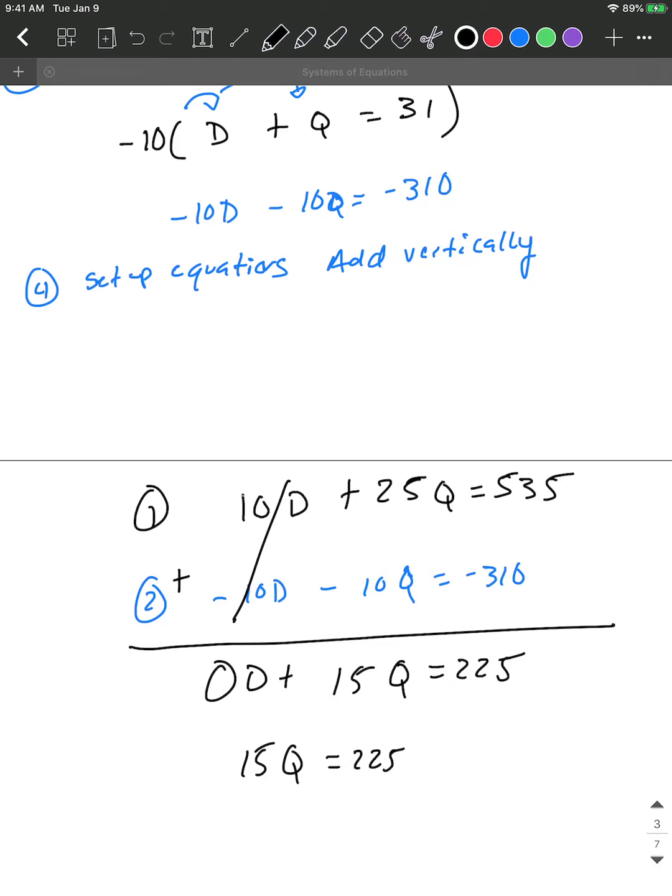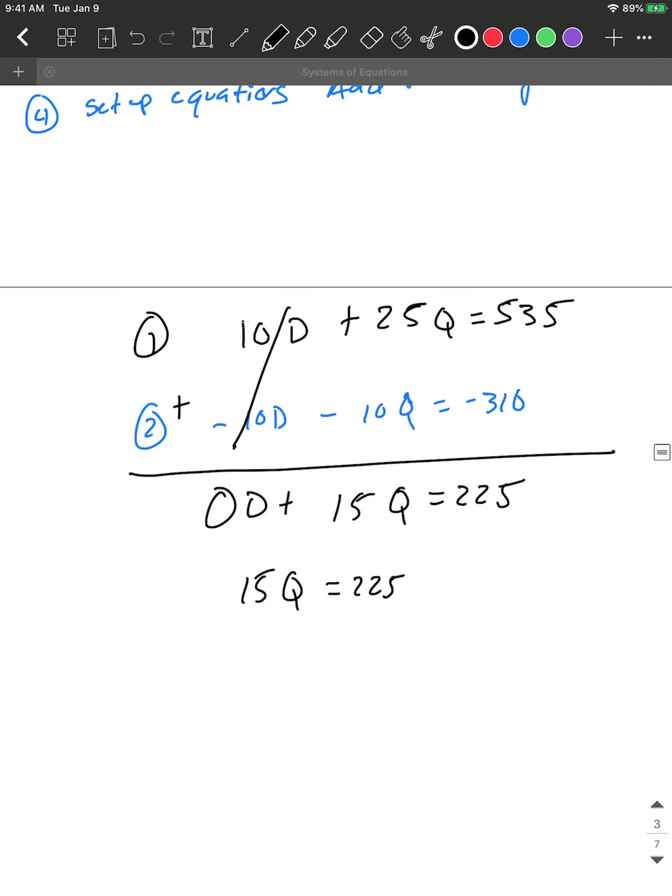You could just leave it alone. You don't have to put the 0 there, but if it helps you out, don't stress it. Just go ahead and put it. So then I'm going to divide, and we'll say what is 225 divided by 15. We see that it actually is just 15. So out of the 31 coins, or whatever change he has in his pocket, 15 of these coins are quarters.